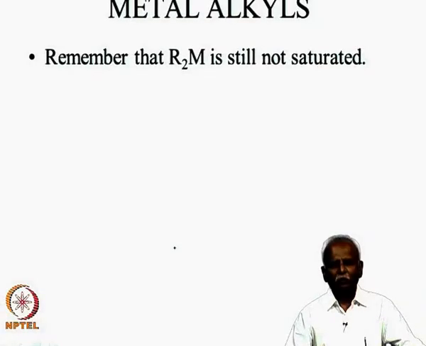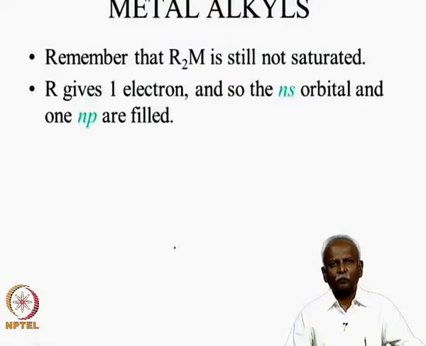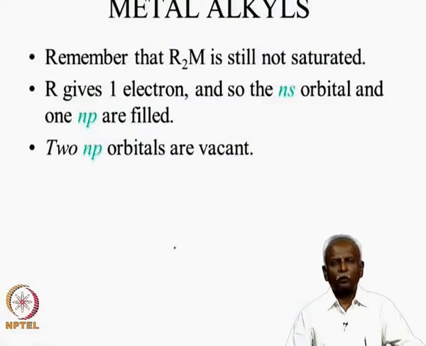So, remember that although we write the metal alkyl species as R2M, it is still not a saturated species. If you remember the electron counting that we did, R gives 1 electron in the neutral method, and so if you have 2 of these, you cannot have a totally filled set of orbitals, because 2 NP orbitals will be vacant if we occupied the S and the P orbitals with the 2 electrons that came from the R groups, and the metal itself has got 2 electrons in the group 2.